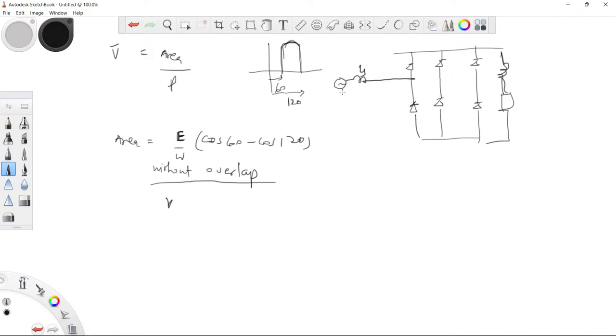If there's no overlap, I'll get my VDC to be equal to 3 root 3 E over pi, as compared to the case of the single phase, where VDC is equal to 2E over pi. You get it? So here you get 3 root 3 E over pi.